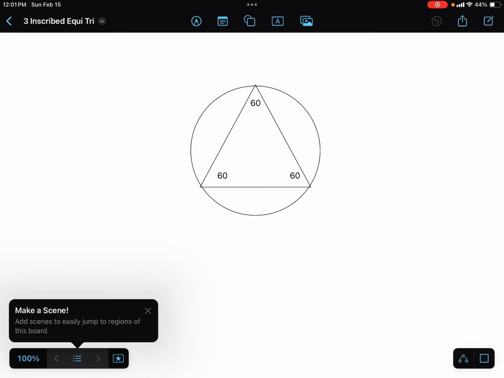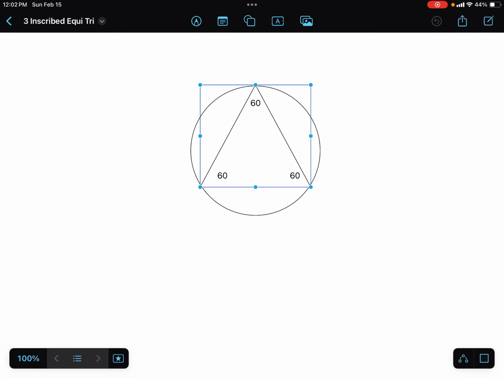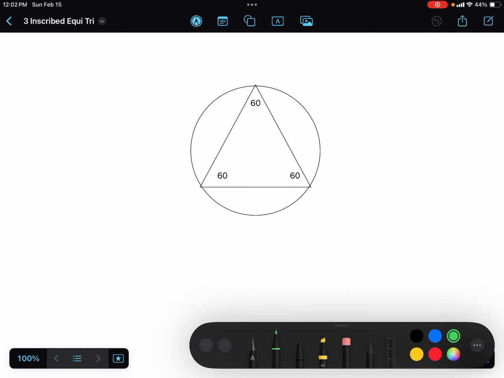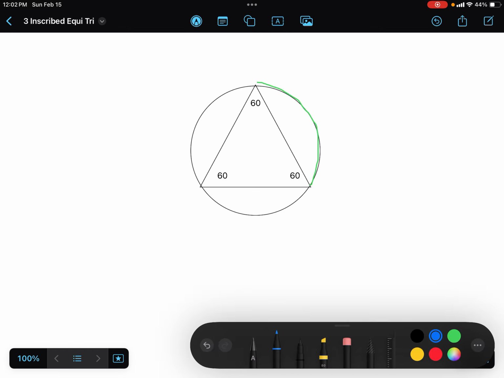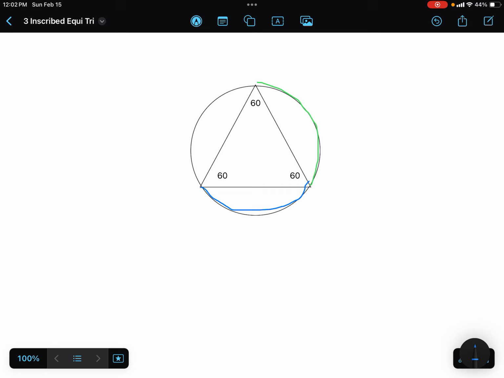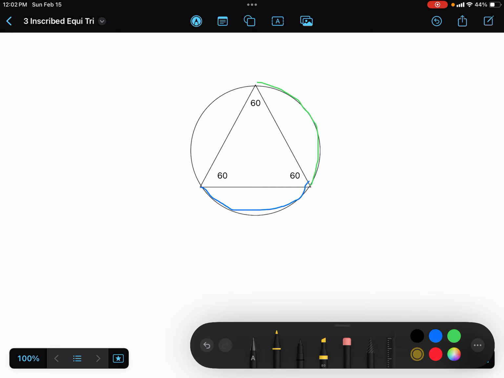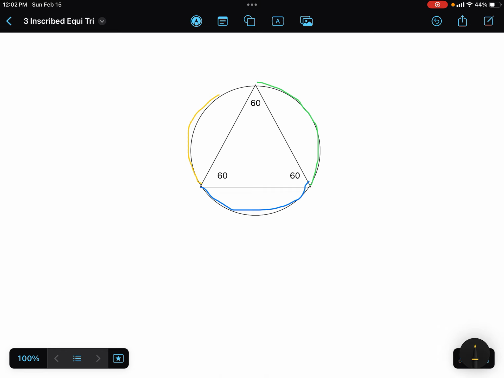Of course, an equilateral triangle has angles that are each 60 degrees. So we can assume this arc and this arc and the third arc are also all equal because they are across from equal angles.